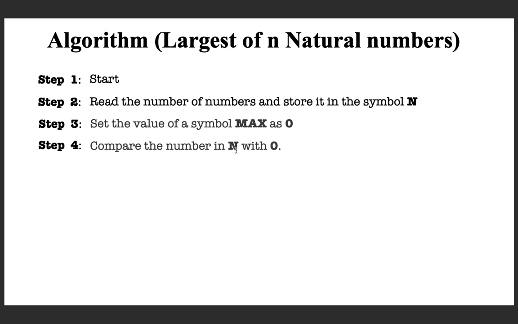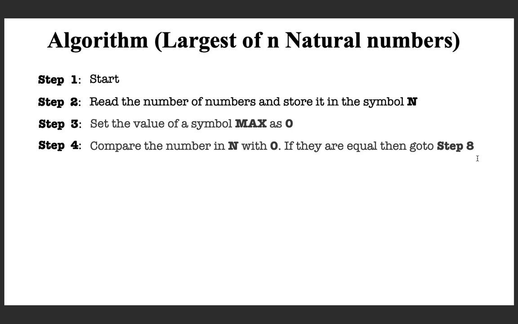Compare the values in n and 0. 0 is the constant. After you read one number, you can decrement n. So you are comparing the remaining number of numbers to be processed with 0. If they are equal, that means all the numbers are processed.